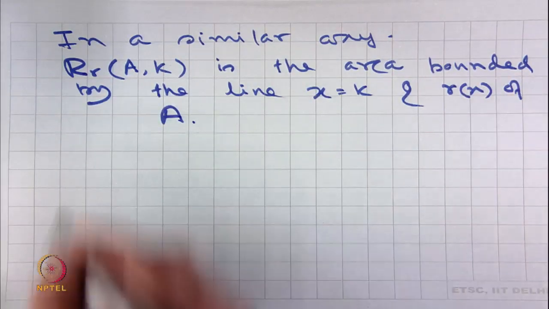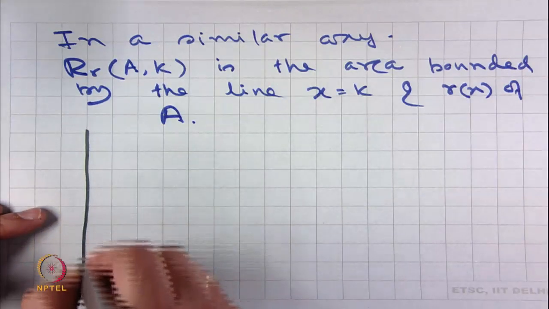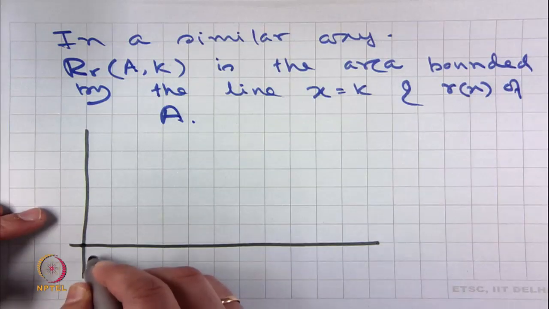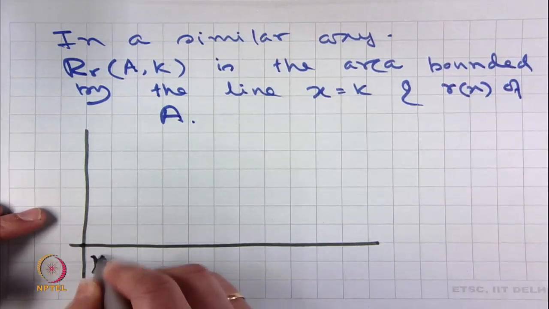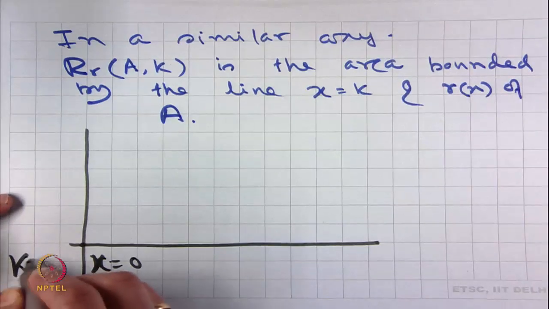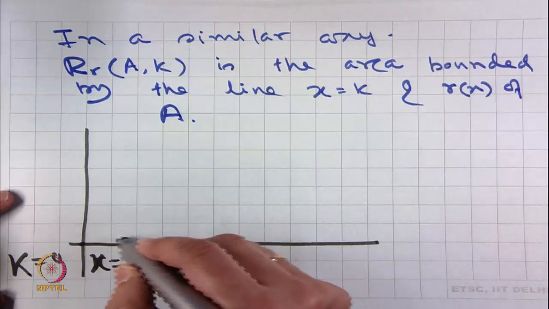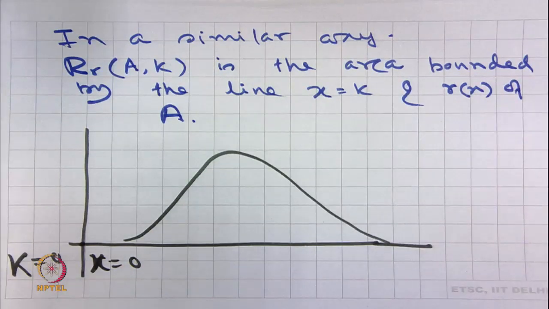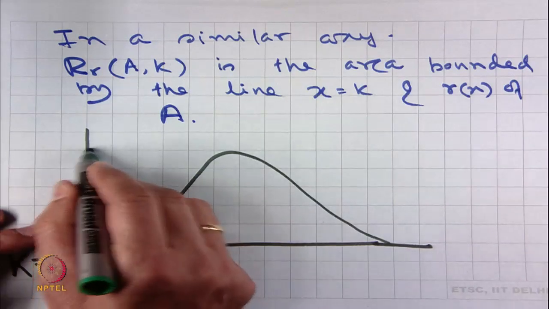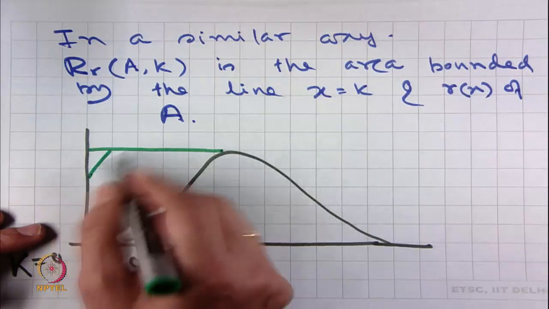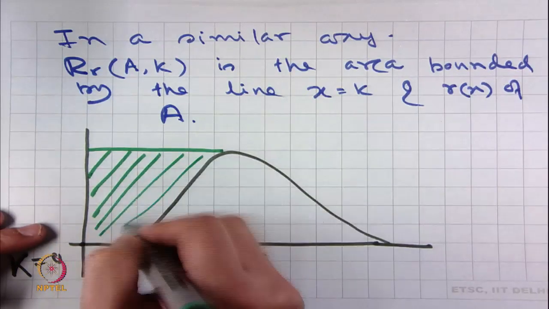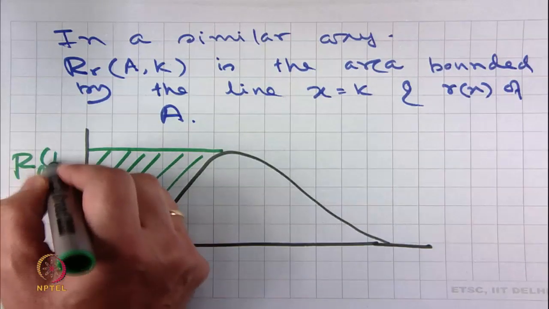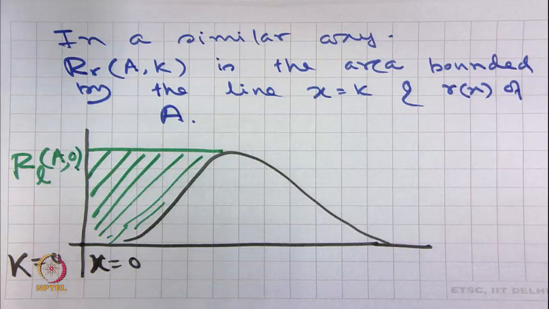For illustration, suppose this is the line x is equal to 0, that is, I am taking k equal to 0, and suppose this is the fuzzy number, then this area is R L of A comma 0.